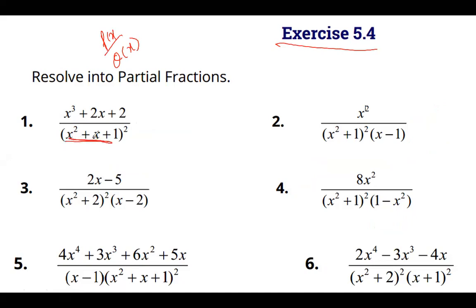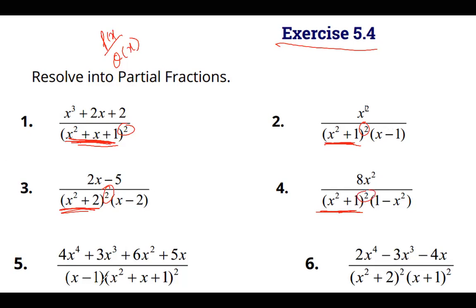This quadratic is irreducible because you can't factorize it, and the square shows that this quadratic is repeated. Similarly, the second question, x square plus 1 whole square into x minus 1. This is a quadratic, and moreover it is repeated. Question number 3: this is quadratic and the square shows that it is repeated. Question number 4: quadratic, repeated.